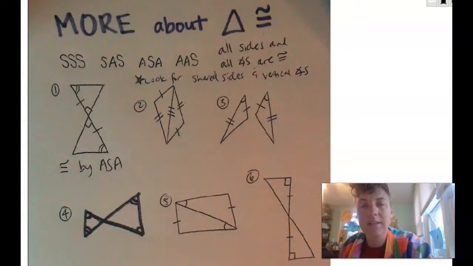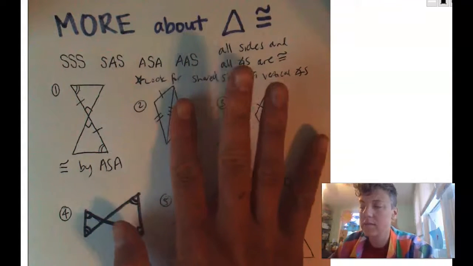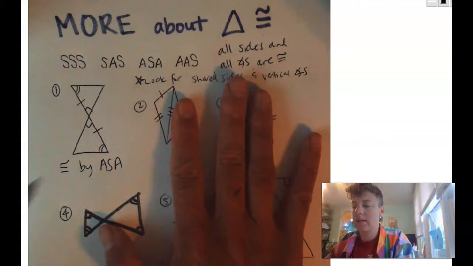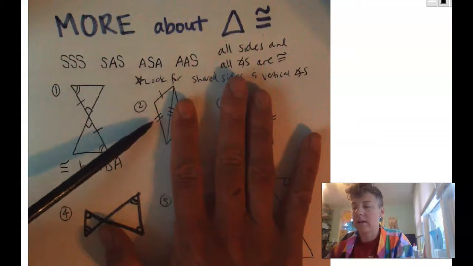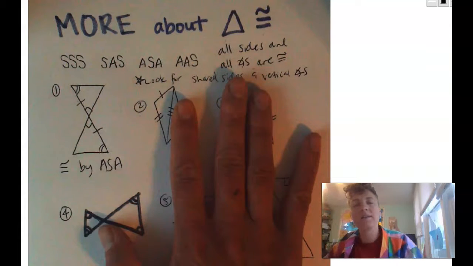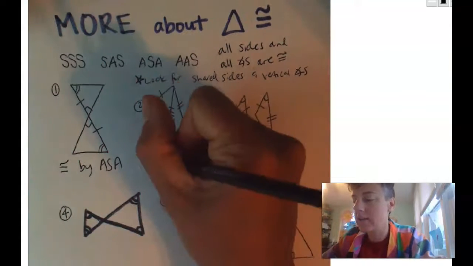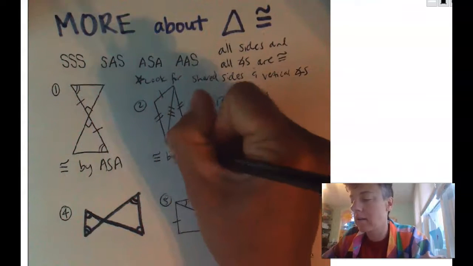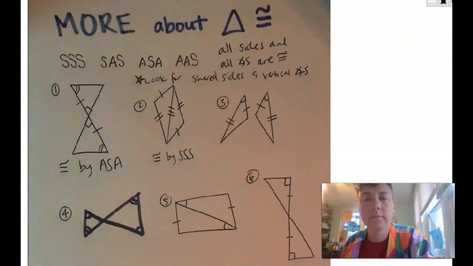It's the exact same thing. So now let's cover up one triangle and read the markings and see what we got. We've got side, side, side. Yes, these triangles are congruent by side, side, side.